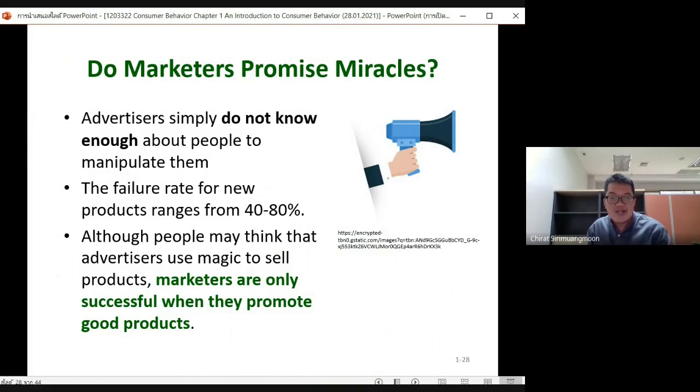So in conclusion, marketers are only successful when they promote a good product. Why? As you know, around 40% to 80% of products fail because the product is not good enough, especially for new products.